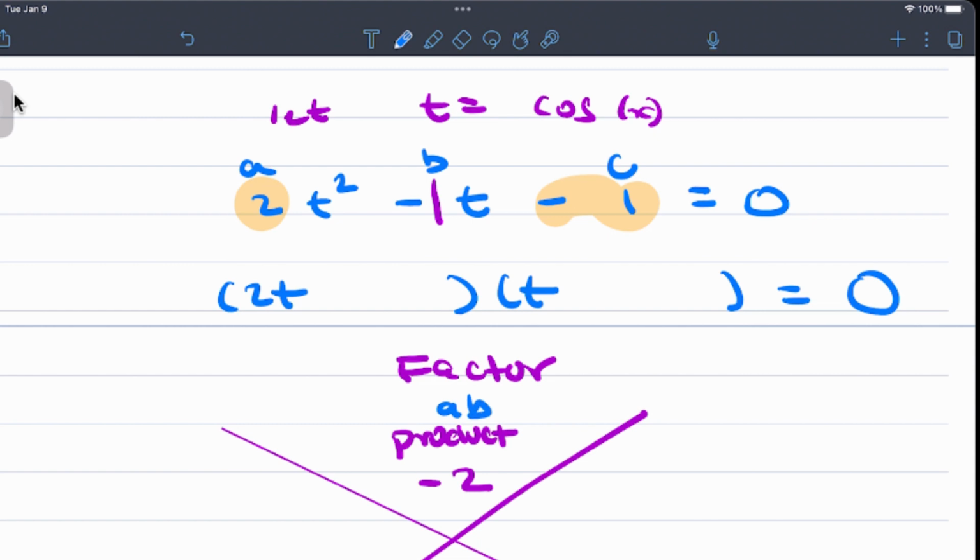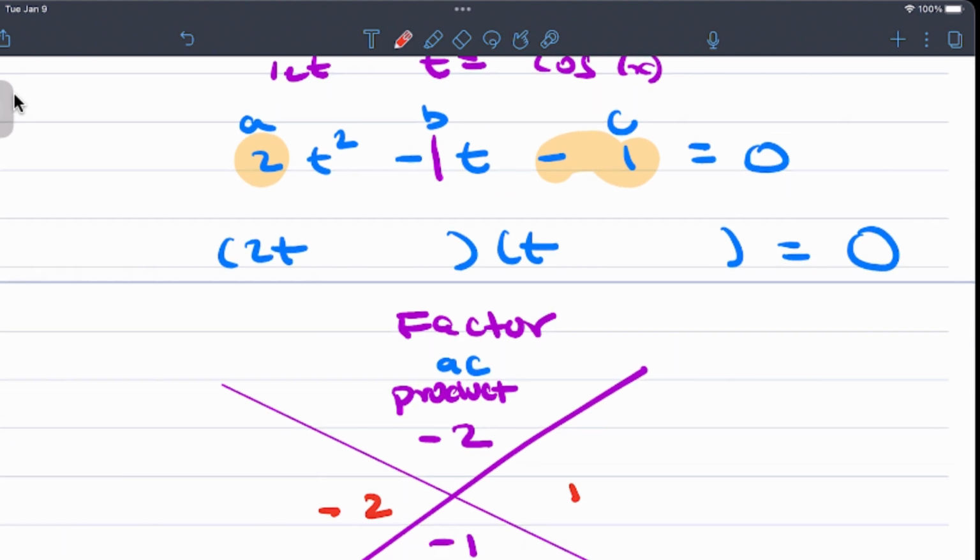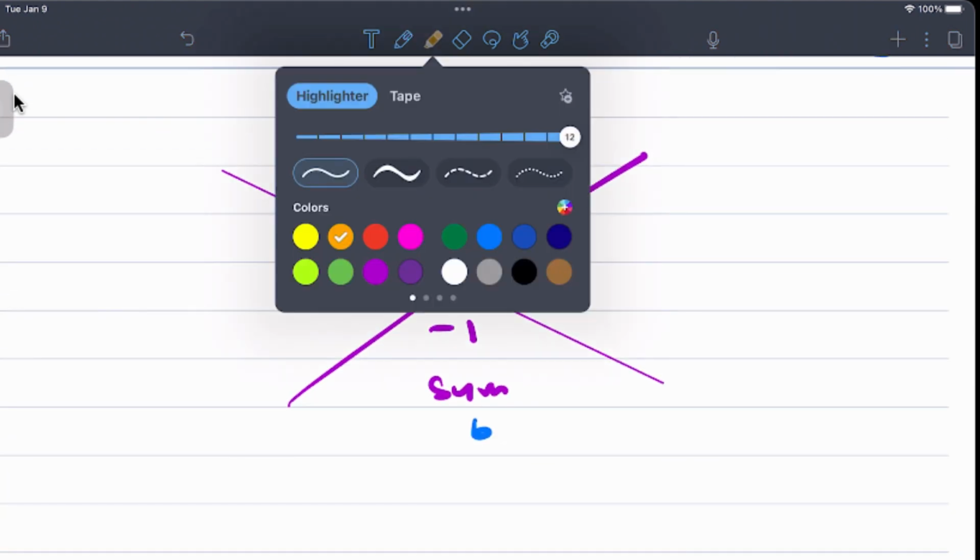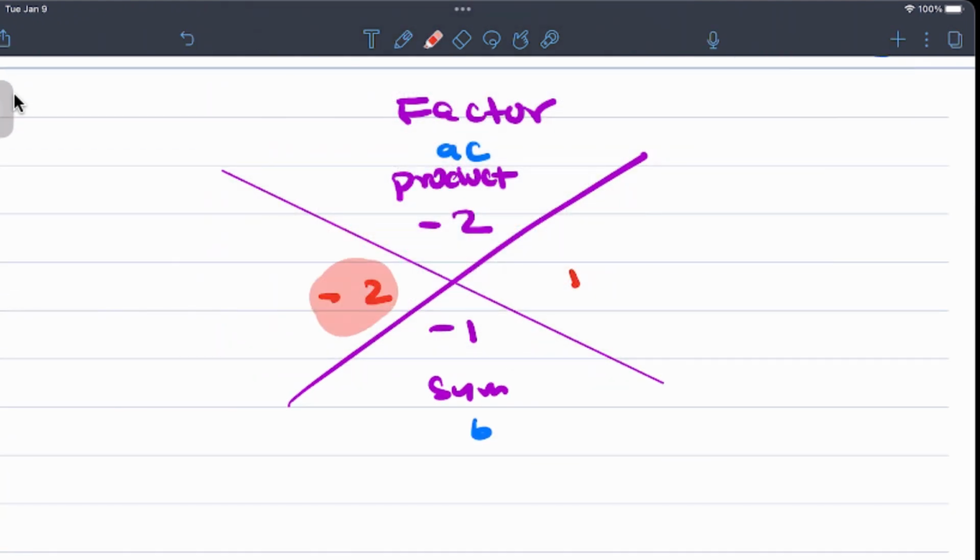You take the product of AC, and the sum is B. Now you need two numbers multiplied together to give -2, but when added give -1. What are those numbers? It's going to be -2 and +1, if you guys remember this process.